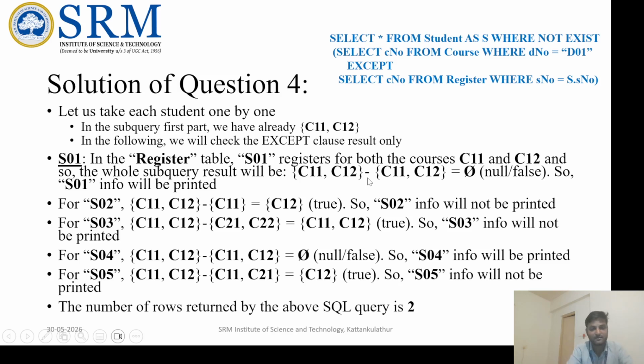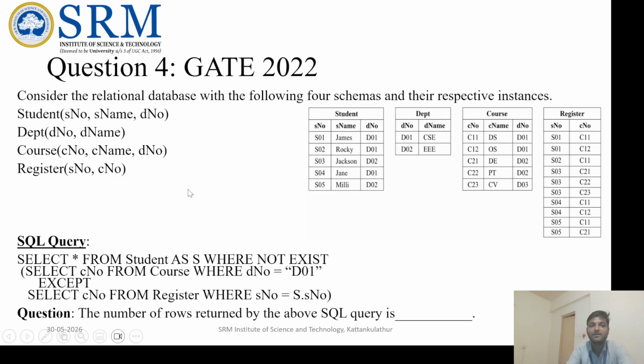As I have told, except means subtraction, so it is minus, and ultimately we get a null or false. So S01 info will be printed, but why? Because the entire inner query will return null, and null means a false statement, and not exists is a boolean function.